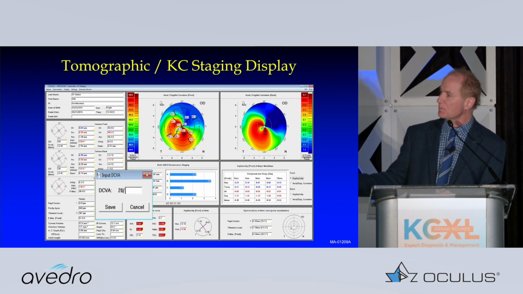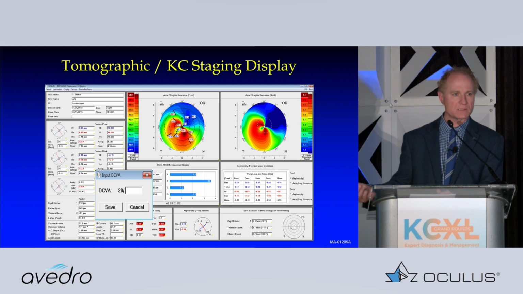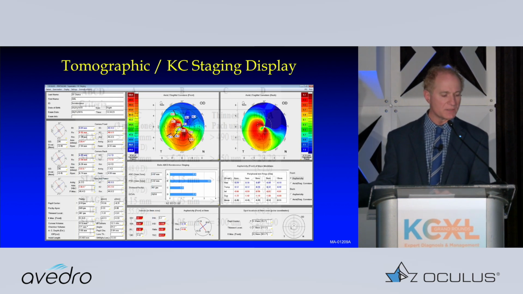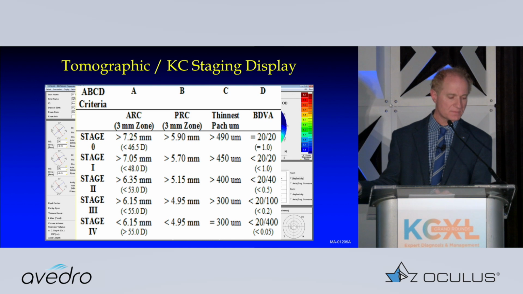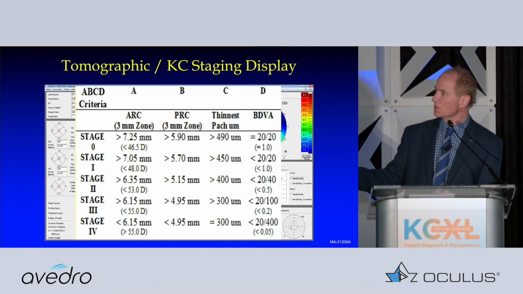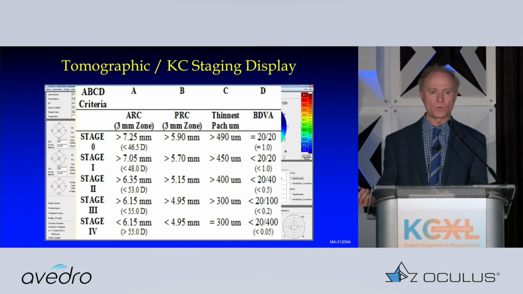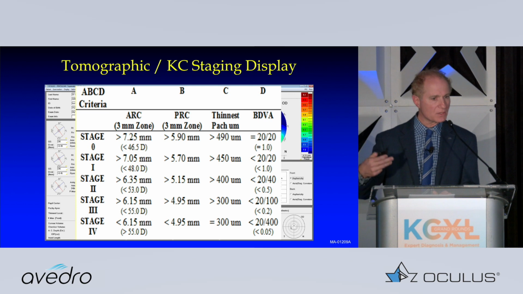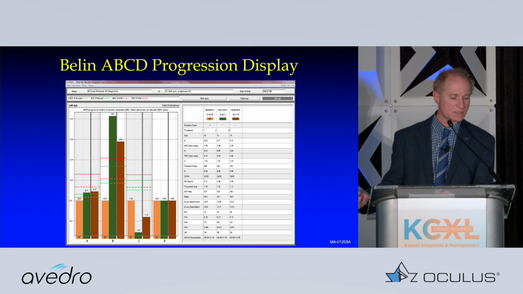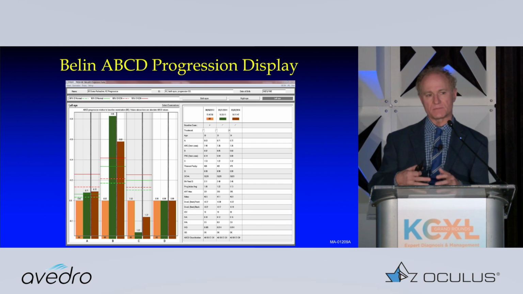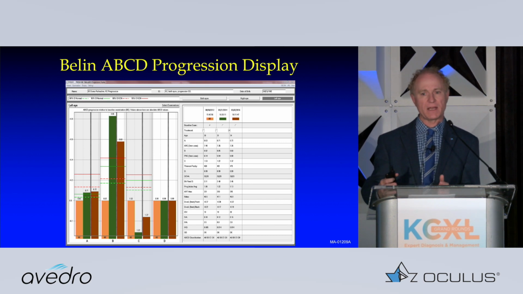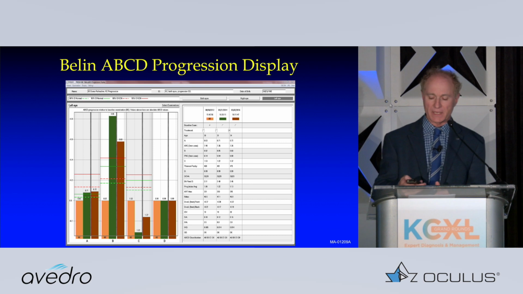You actually have to type in the vision in order to get that bar to come across and to give you your final metrics. And this just gives you some of the different A, B, C, D criteria for stage 0, 1, 2, 3, and 4 keratoconus, which would be the criteria that you could use for advancing disease.